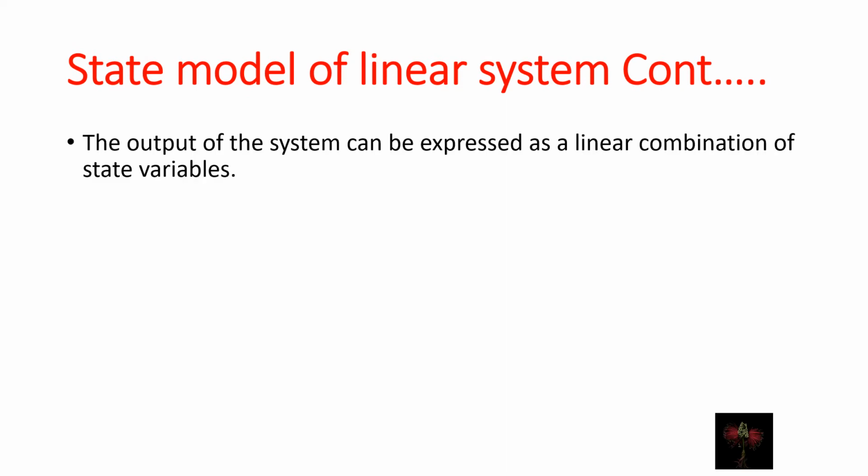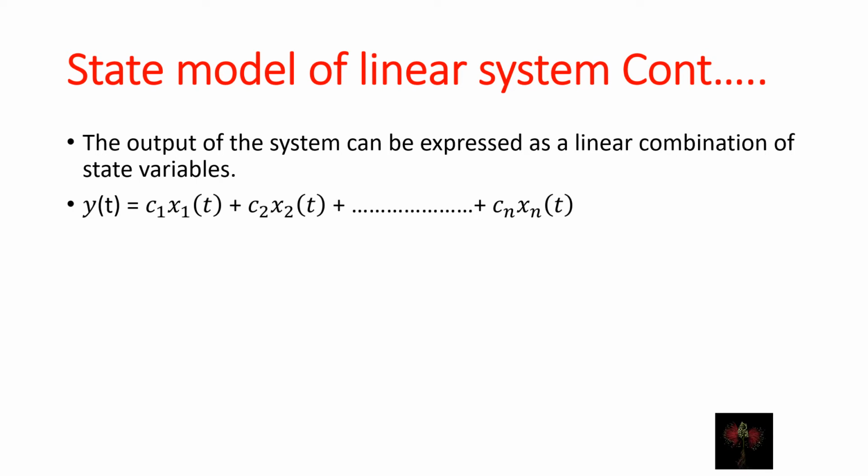The output of the system can be expressed as a linear combination of state variables. That is, y of t equals c1 x1 of t plus c2 x2 of t, and it goes on to cn xn of t.